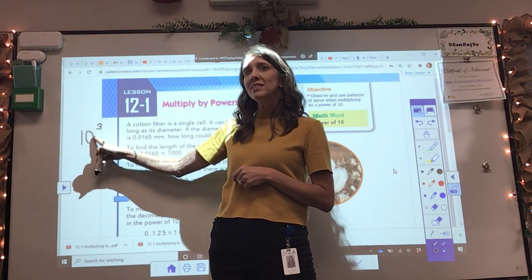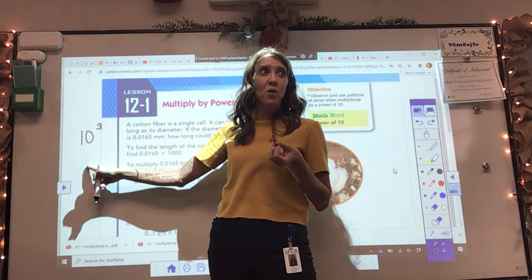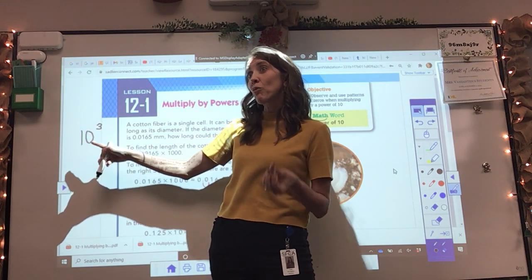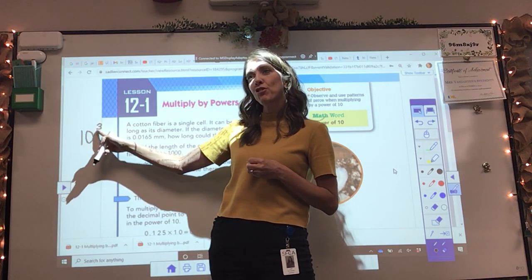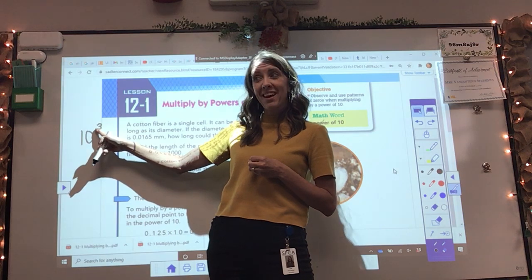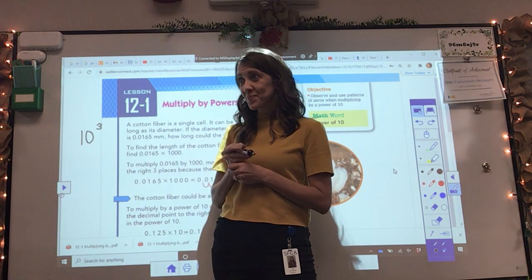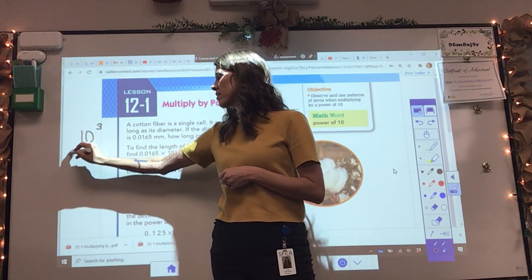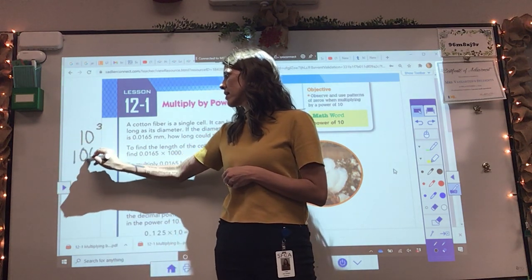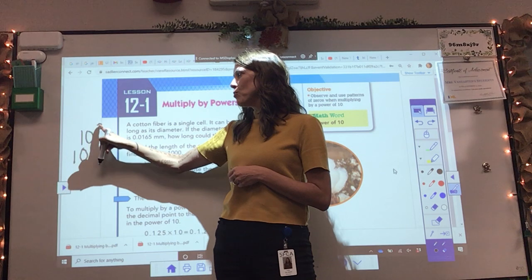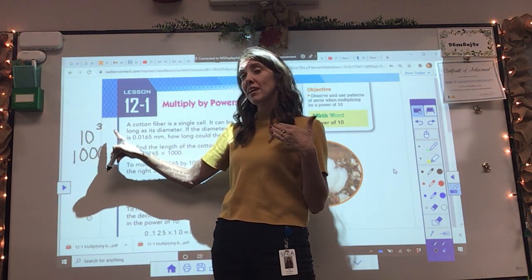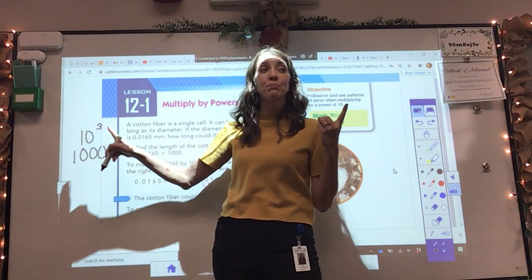How would you write this in standard form? What's the standard power of 10 for 10 to the third power? Do you know, Michaela? 1,000. How did you know that, Michaela? Because you just did 1 with 3 zeros. Does anyone remember how to write this in expanded form?